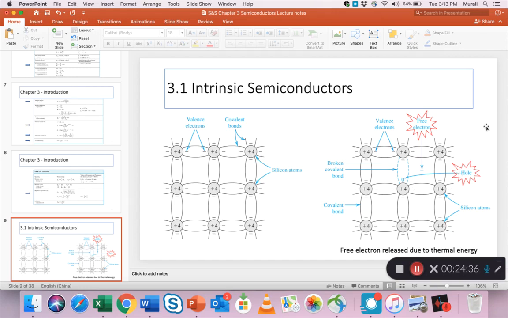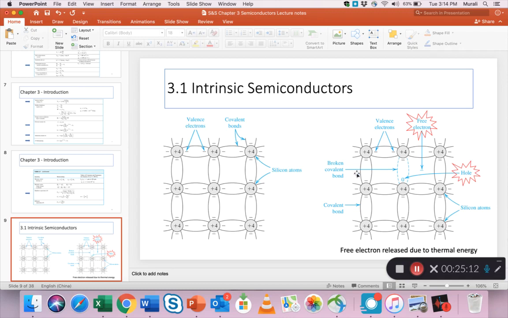For now, I just want you to understand that even at room temperature, because of the natural heat of the room, free electrons are available to move around, and that's why these electrons are called intrinsic. Intrinsic is something that is natural. Nothing external needs to happen other than the room temperature. That is called intrinsic behavior, or intrinsically available free electrons.